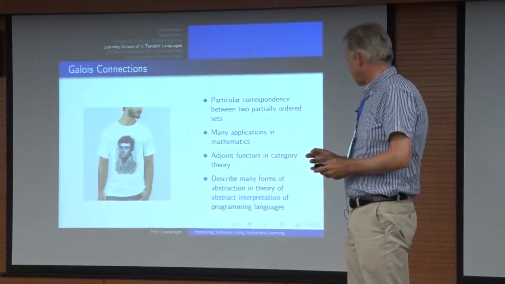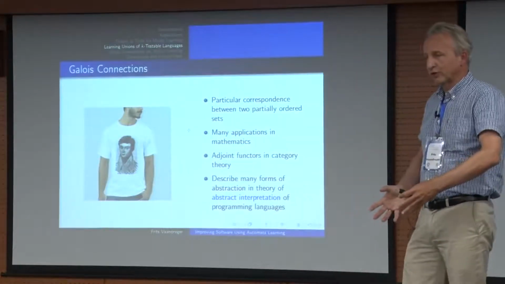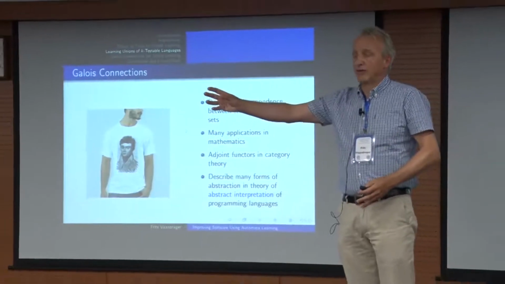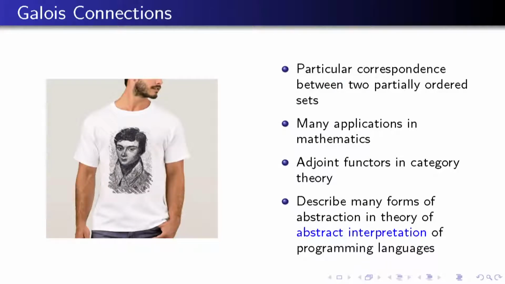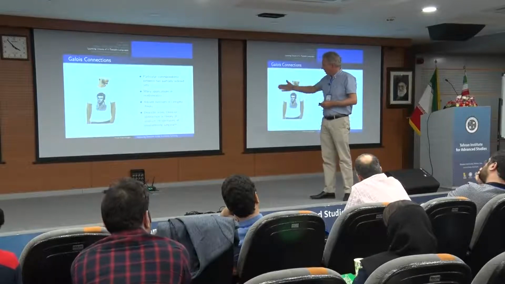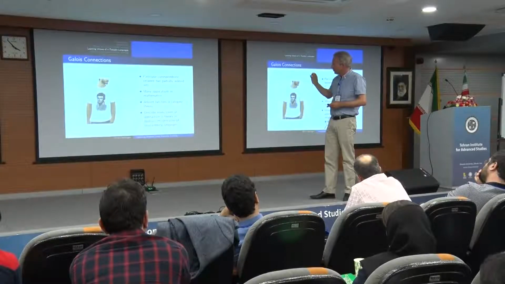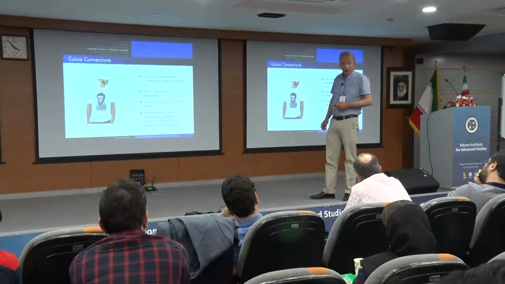When you have a program, you want to abstract from it, and rather than, say, have integers, you want to abstract to three values or two values, and then analyze the abstract model and transfer results back to the original program. So this is what is going on in abstract interpretation. And the same concept of Galois connection is useful in learning.